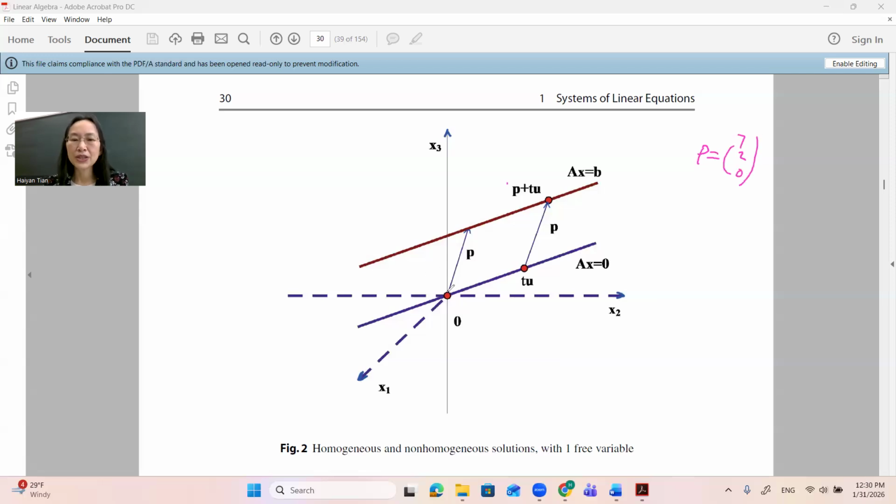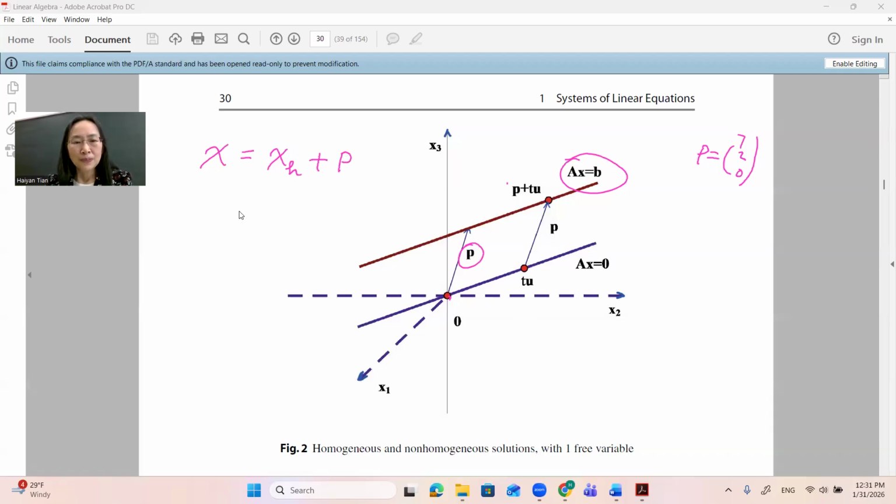Suppose that's the solution, so we draw that vector. Remember the solution of this non-homogeneous system is t times U, which is the homogeneous solution, let's use x_h, the solution for the homogeneous system, plus a particular solution.